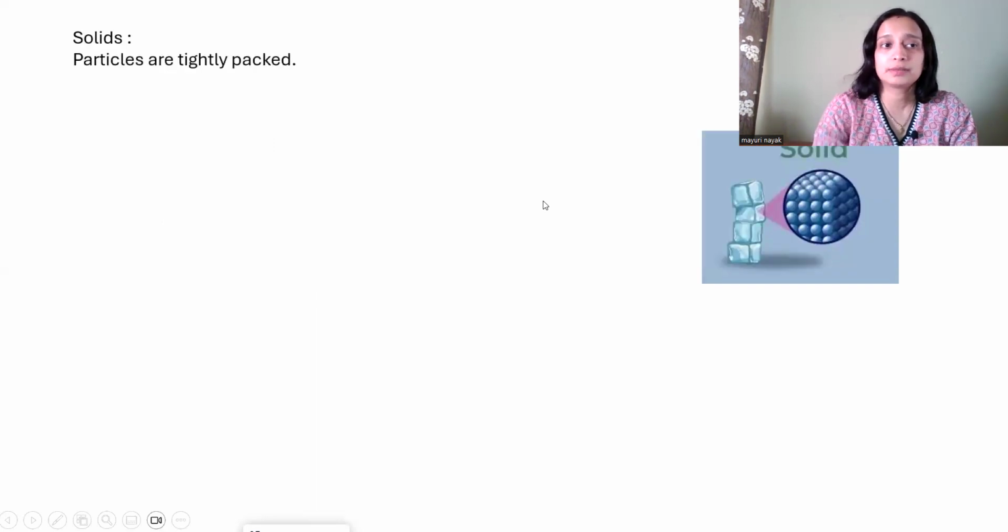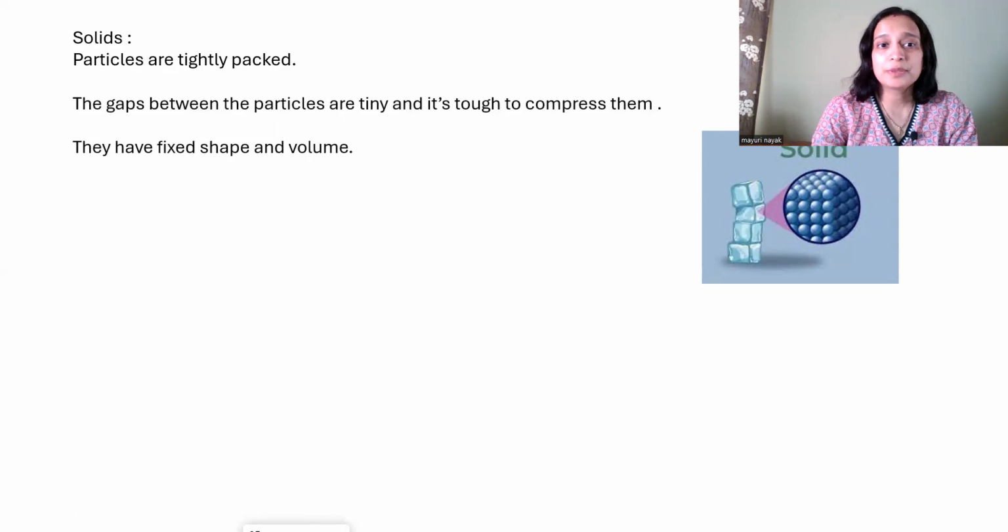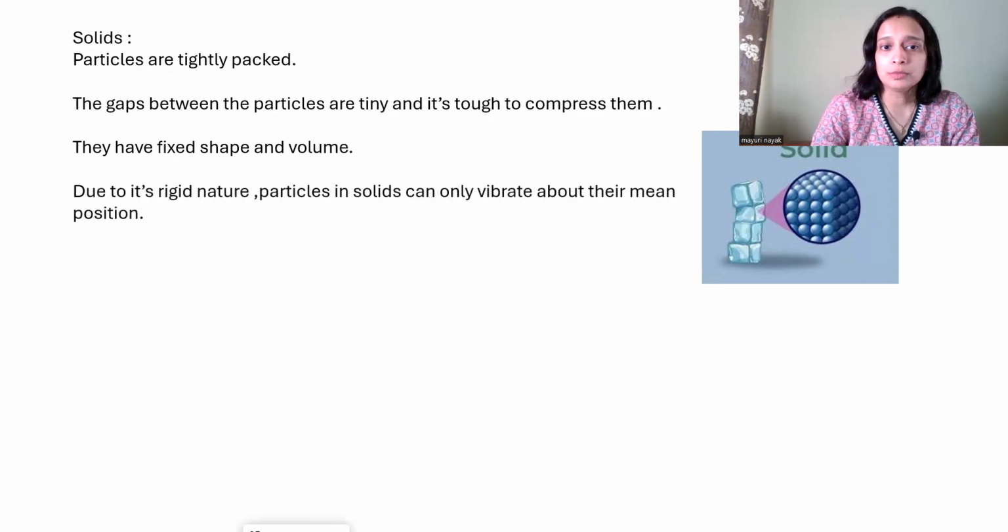Solids, let us revise. Particles are tightly packed. The gaps between the particles are so tiny that it is tough to compress them. They have a fixed shape and volume. Due to its rigid nature, particles in a solid can only vibrate in their mean position. And also the rate of diffusion.